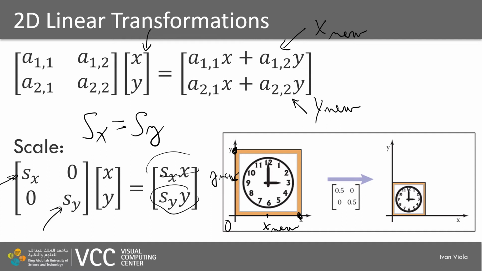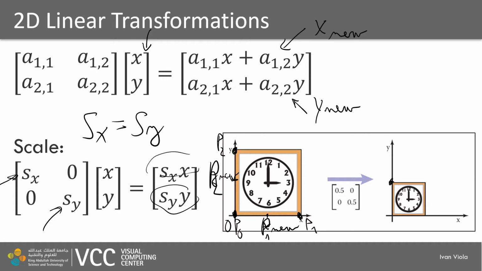So we will end up in a representation which looks like the one on the right-hand side. Let's call this point P1, and it is more correct to call it P1 new, and this point will be P2 new. This will be P2, and this will be, let's say, P0.